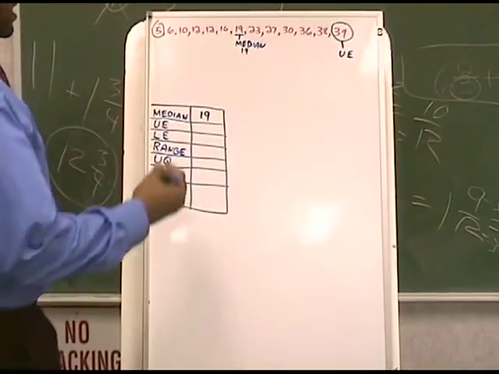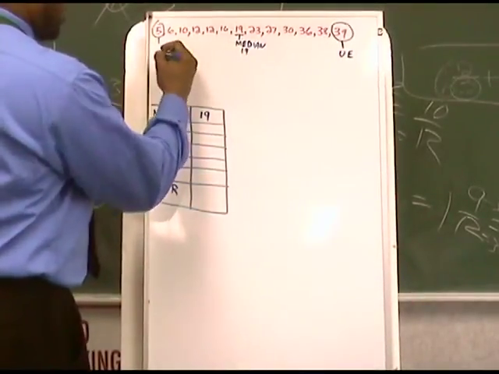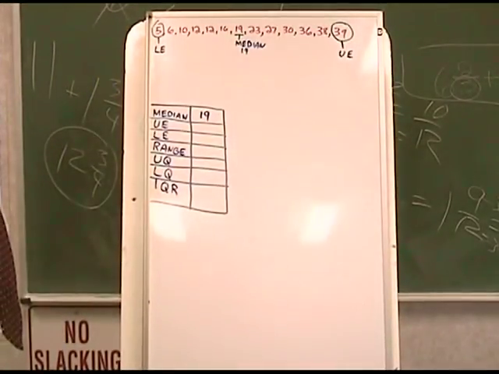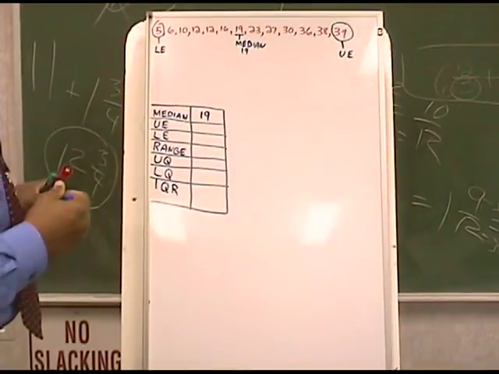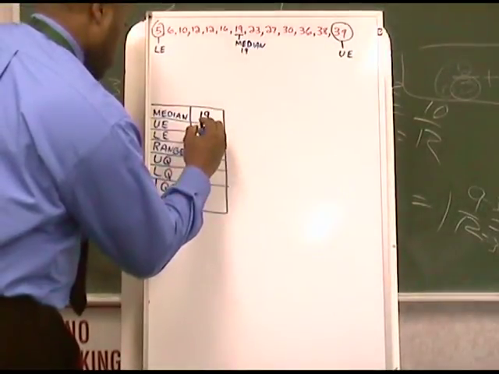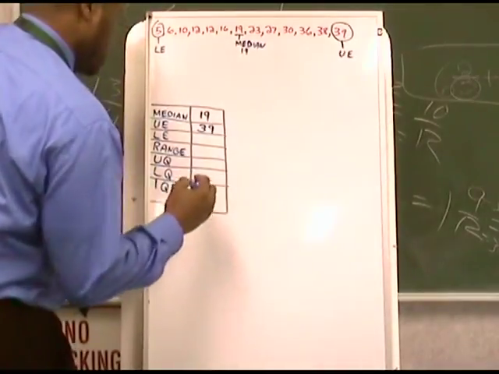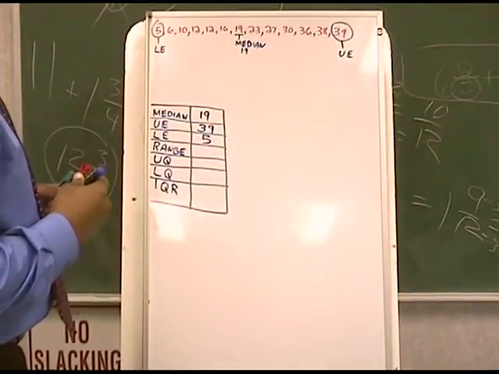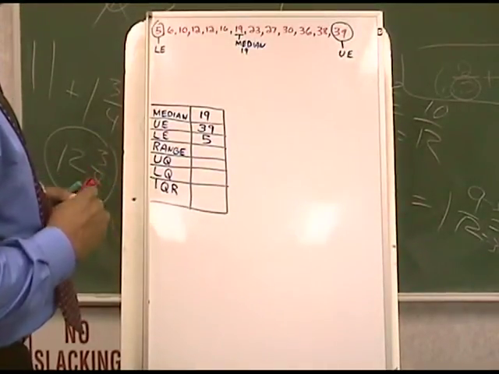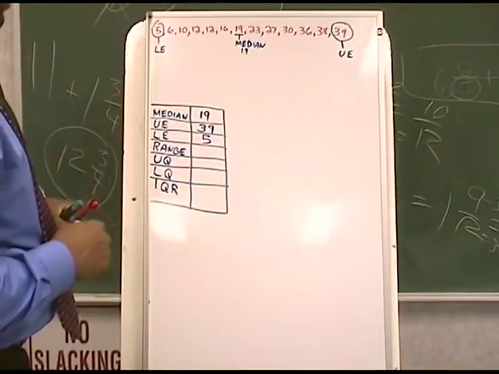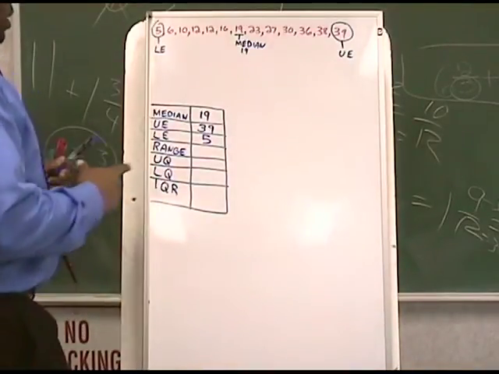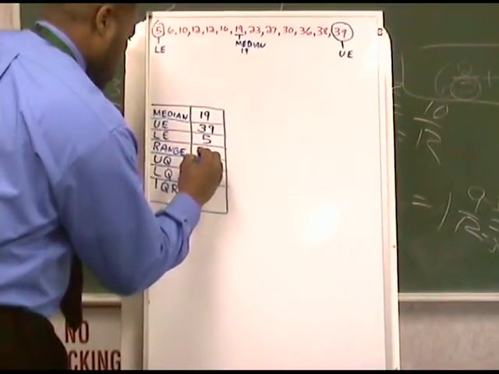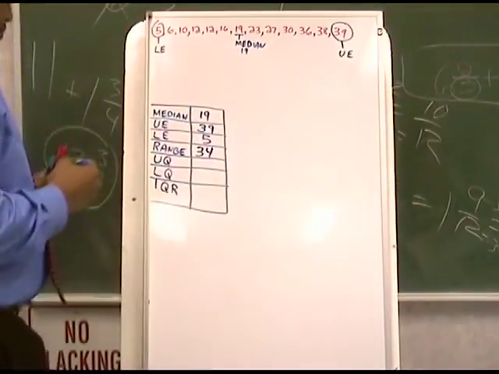And the lowest number is called the lower extreme. So the upper extreme is 39. The lower extreme is 5. The range is the same: the upper extreme minus the lower extreme, or 34.